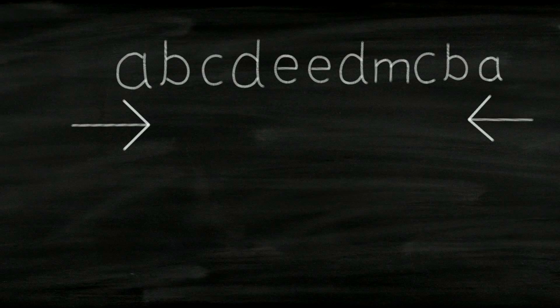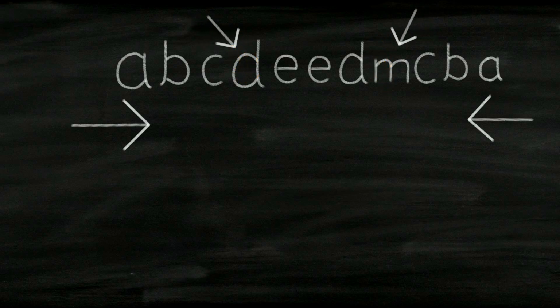So we'll start with one index here and one index here, and we see that they are equal, it's A and A, and then we move. So now we have one index here and one index here, and they are matching. And then one here and one here, and they are matching. And then we get to this point and we see, oh, they are not matching.